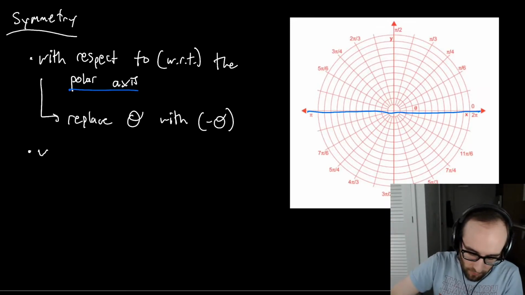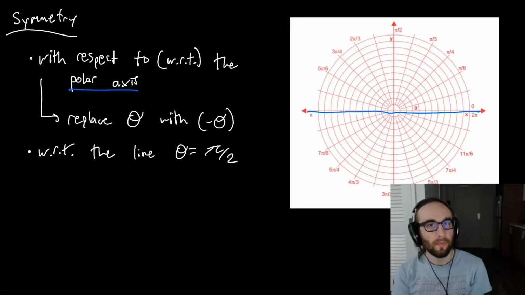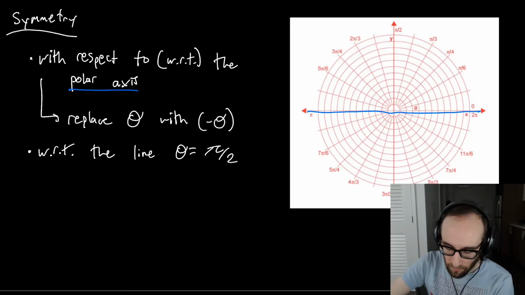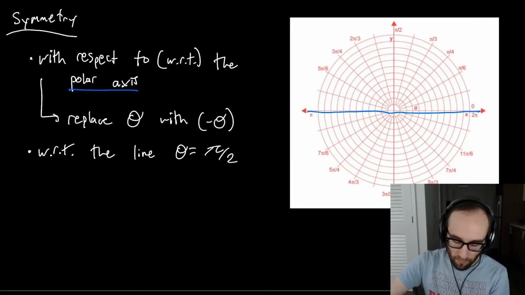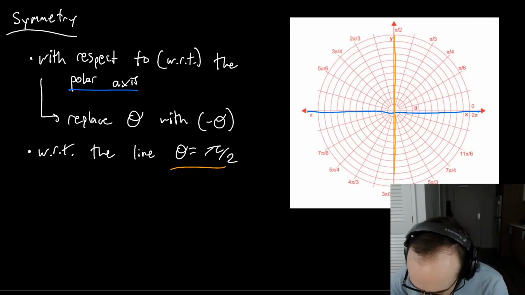Next is symmetry with respect to the line theta equals pi over 2. This line is just what we would consider the y-axis in Cartesian coordinates, so a vertical line there.